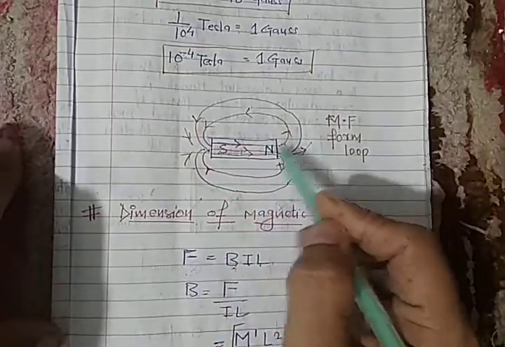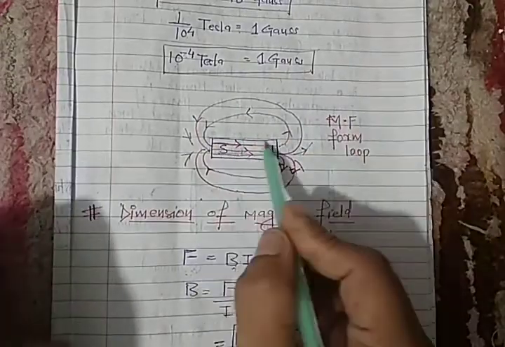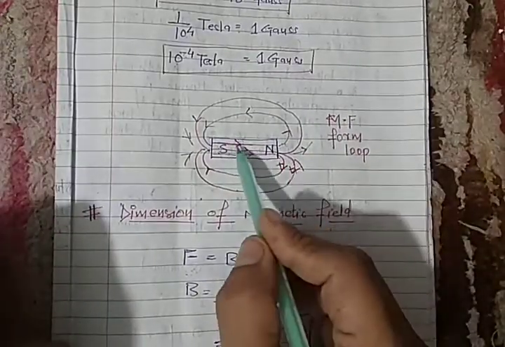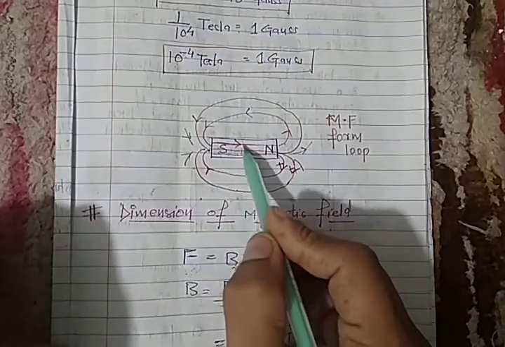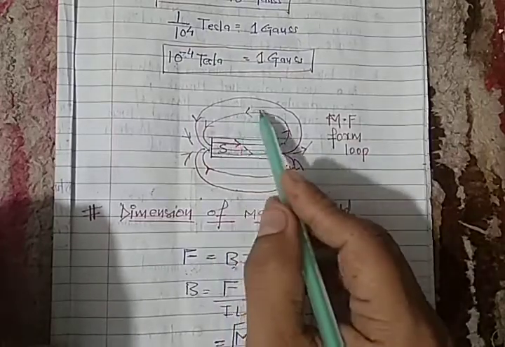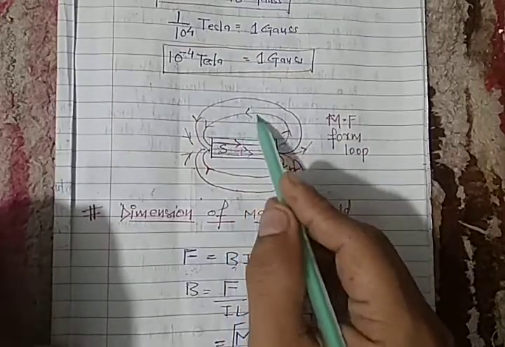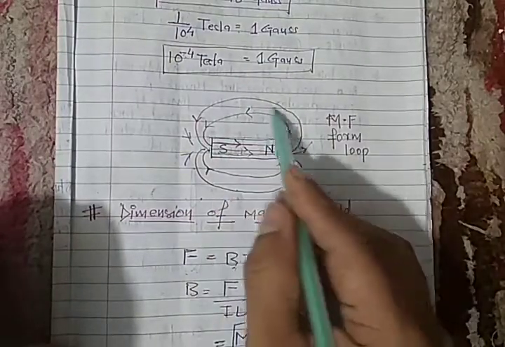Inside south to north, outside north to south. One more thing we have to keep in mind: inside the magnet the field lines are uniform, they are equidistant. So we can say the magnetic field inside the magnet is uniform, but outside it is non-uniform because the distance is diverging, the distance is different. So this is a non-uniform magnetic field.